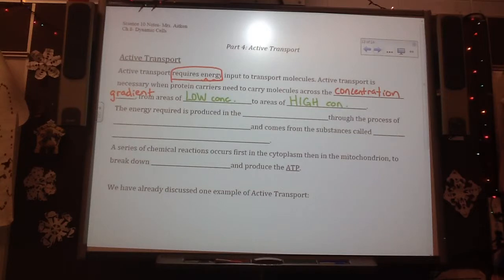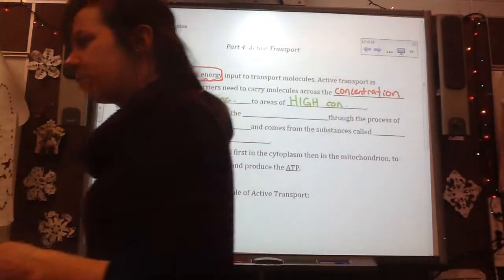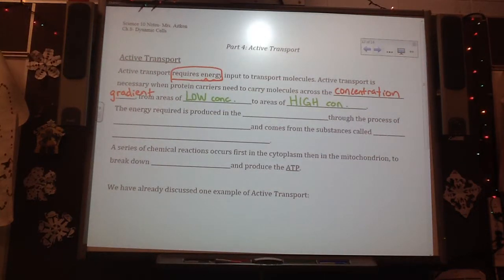So, that's like trying to, because, okay, so say, how many students are in that closet right now? None, okay. So what if I tried to shove 7 of you in there?